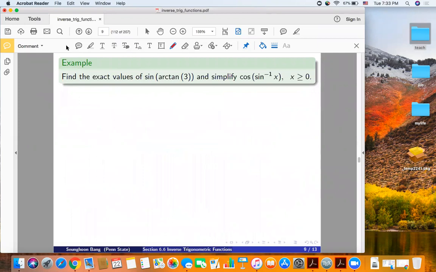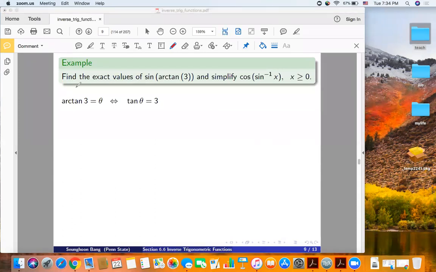What's the idea? I can solve sine of arctangent of 3 first. You need to write arctangent of 3 as an unknown value theta. Do you remember this one?